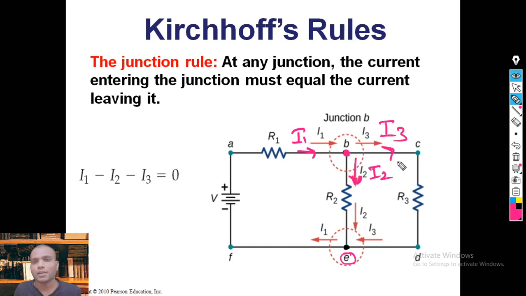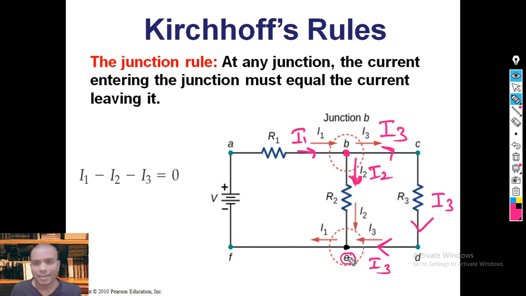Now the same current I3 passes from C to D, and the same current passes from D to E. It reaches up to here. And similarly, from B to E, the same current I2 passes.